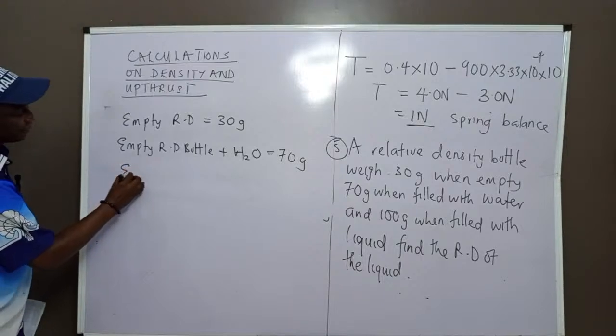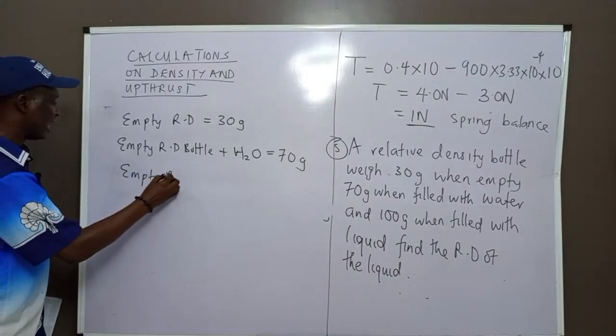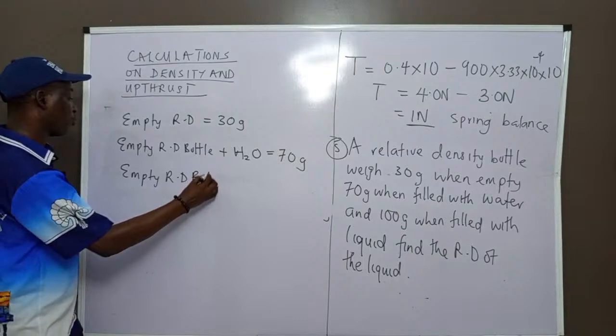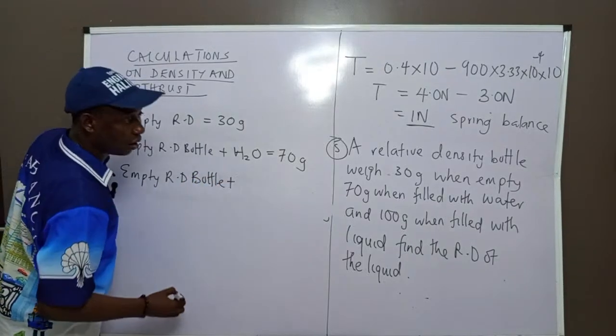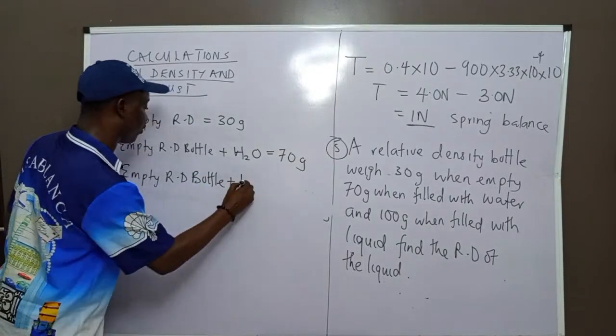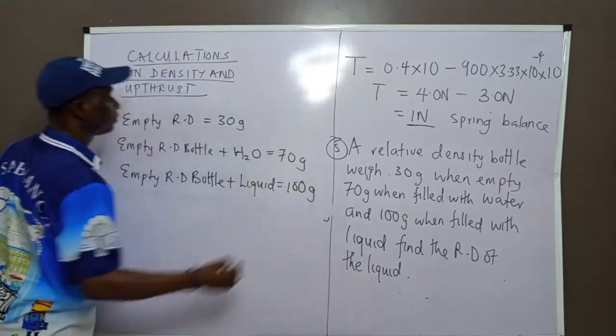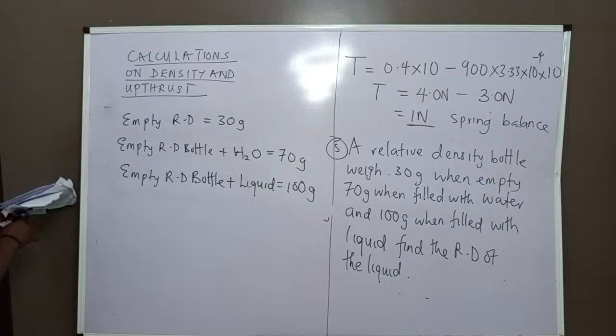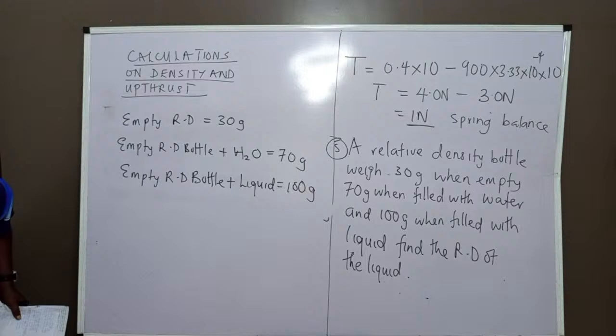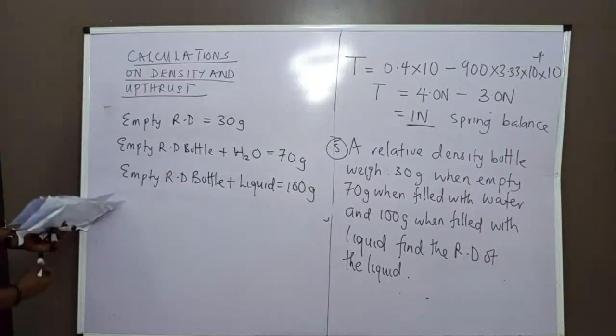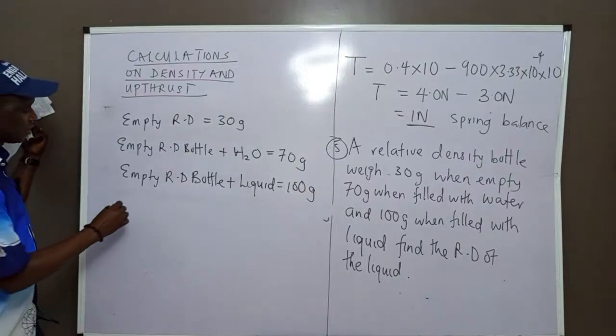Now, empty relative density bottle again plus liquid is equal to 100 grams. Now, what did they say we should find? Find the relative density of the liquid.